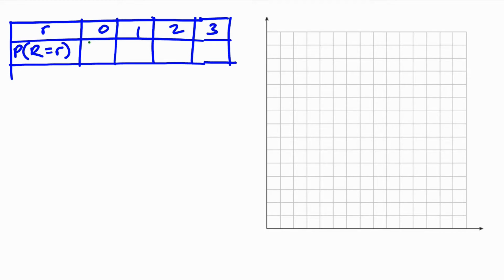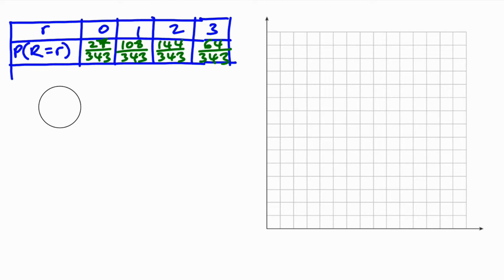Now, we've calculated these probabilities. So this is 27 over 343, this is 108 over 343, and then we have 144 over 343 and 64 over 343.